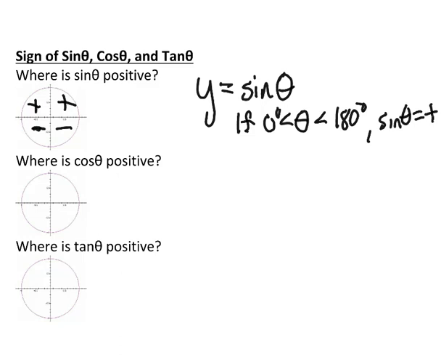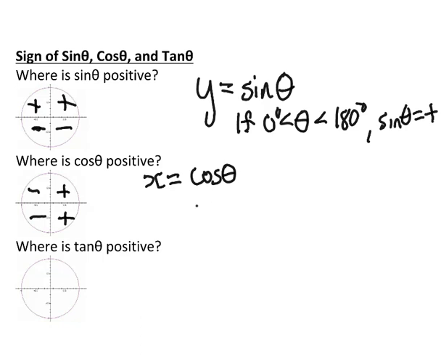What about cos? Remember, cos is x. X is equal to cos of theta. If I look along my x-axis, the x-axis is positive over here, so cos must be positive here and down here. The x-axis is negative over here, so cos must be negative there and there.